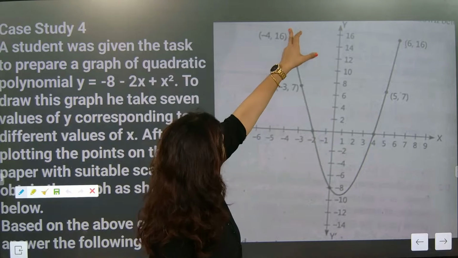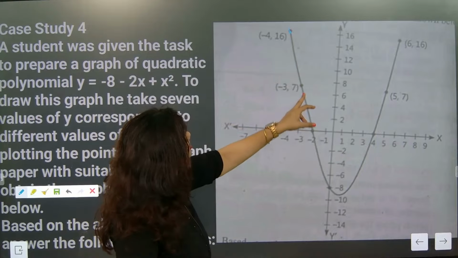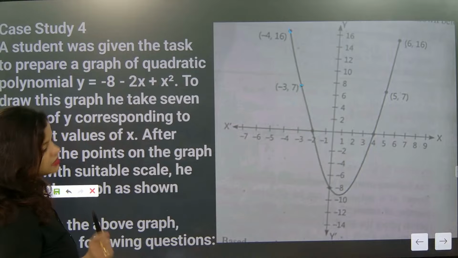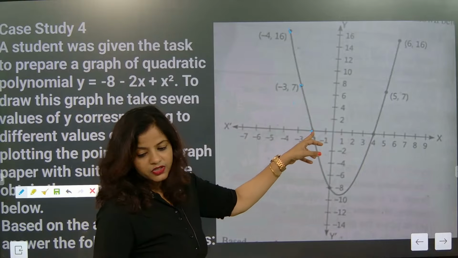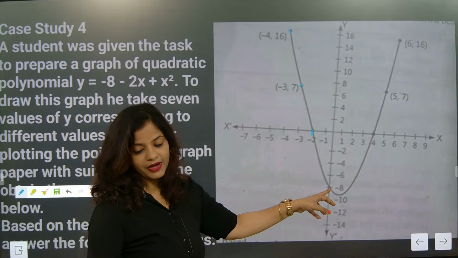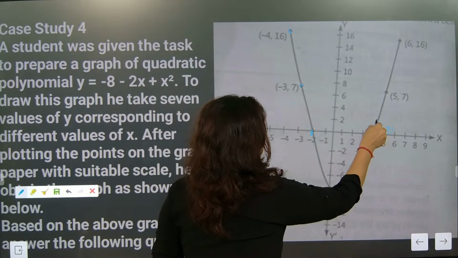So this point is minus 4 comma 16. This is minus 3 comma 7, this is minus 2 comma 0, and this is 0 comma minus 8. This is 4 comma 0, note down please.